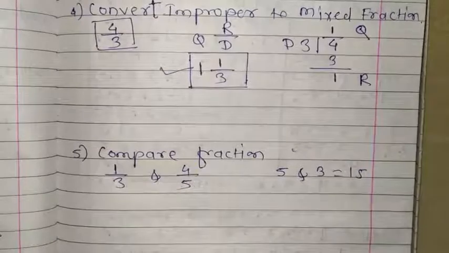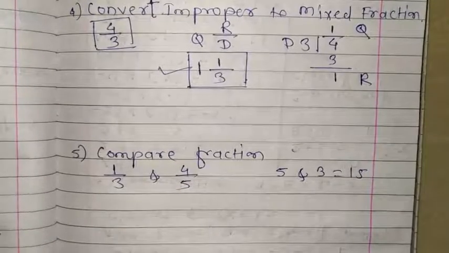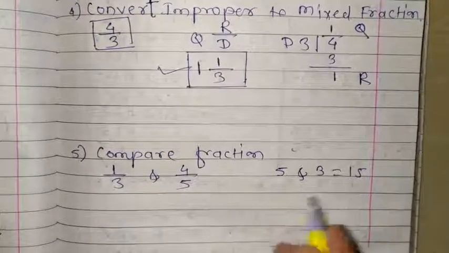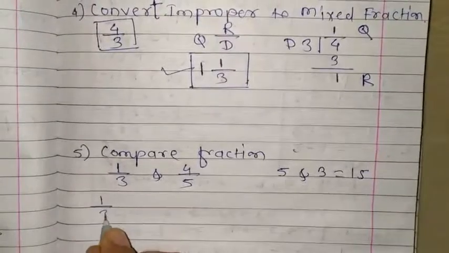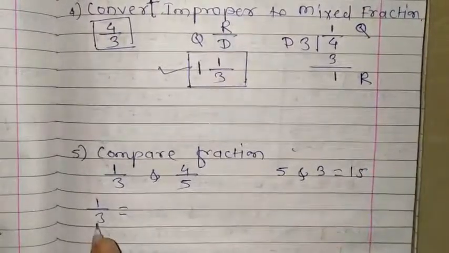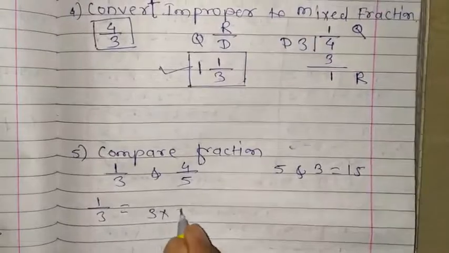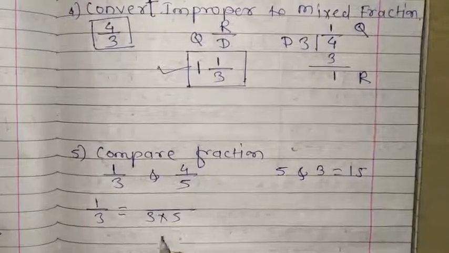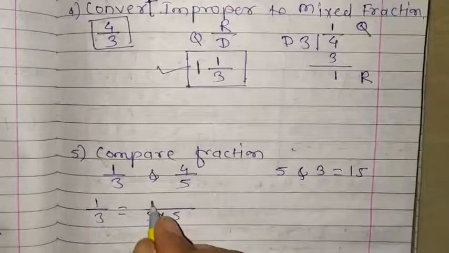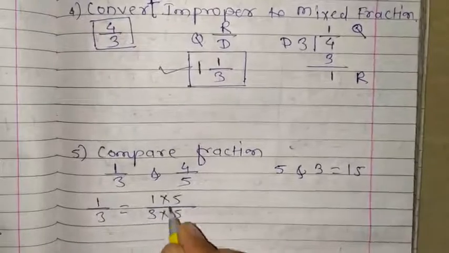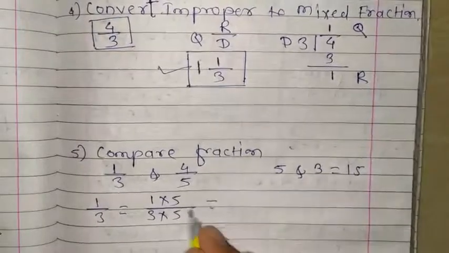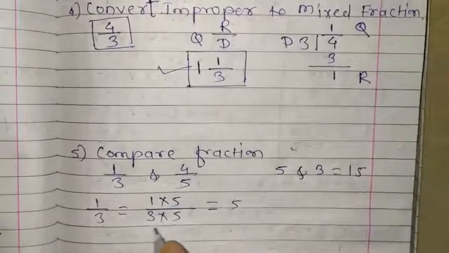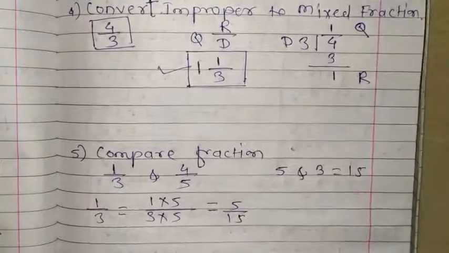If you don't know how to do LCM or what LCM is, see my previous tutorial. 5 into 3 is 15. So for 1 upon 3, for making the denominator 15, you have to do 3 into 5, because 3 into 5 is 15. The same number you have to multiply with 1. So 1 into 5 is 5 and 3 into 5 is 15.